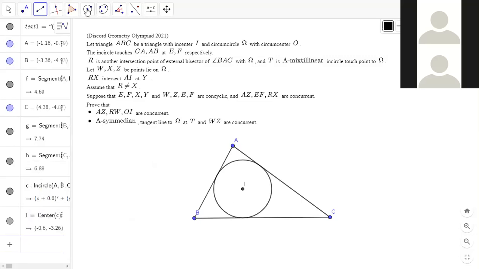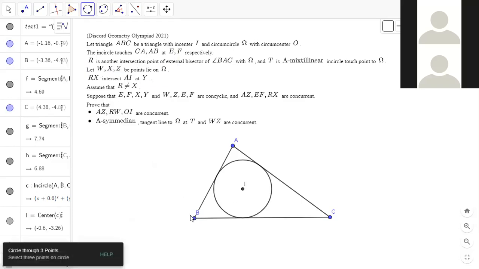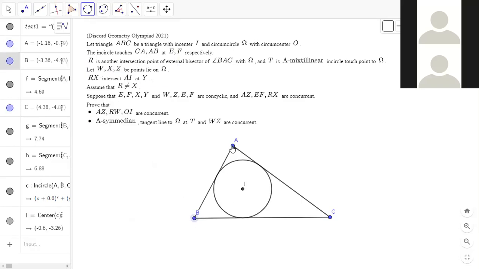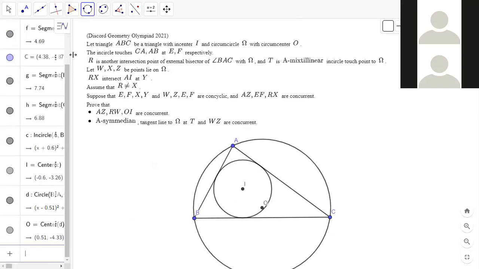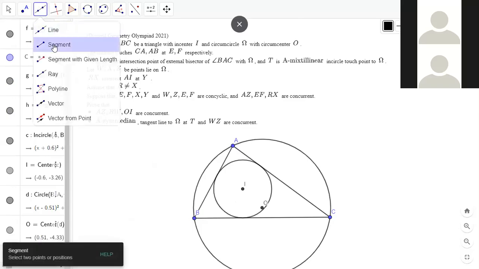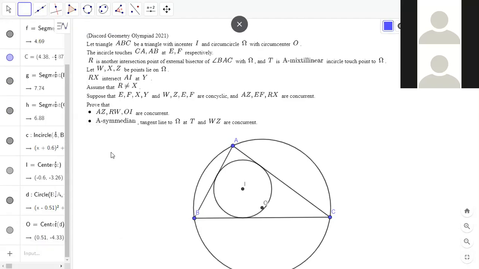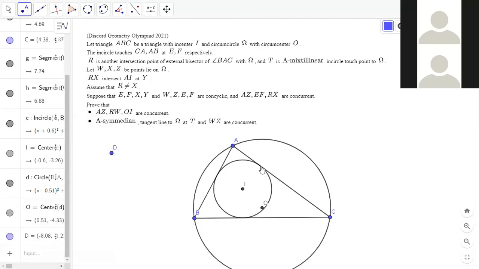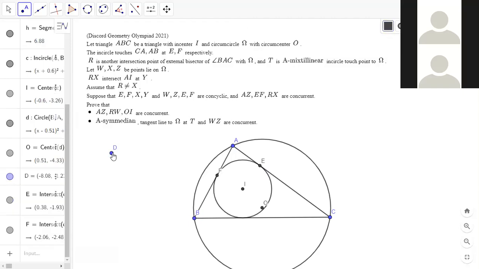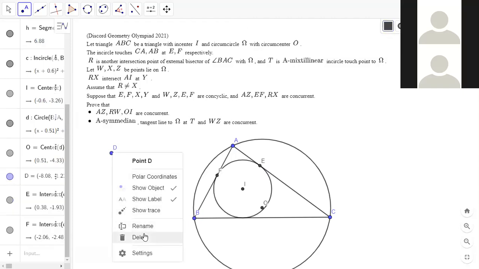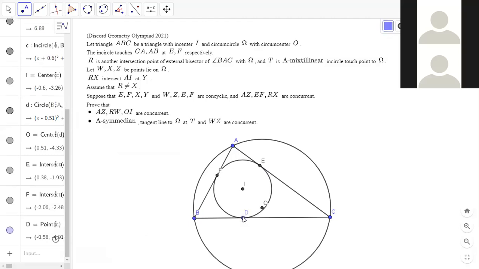And then we could draw the circumcircle. And O is the center of that. So O is the center of circle B. And the in-circle touches CA and AB at E and F. So that's E, that's F. I wonder if I should just draw a point D just to draw it.